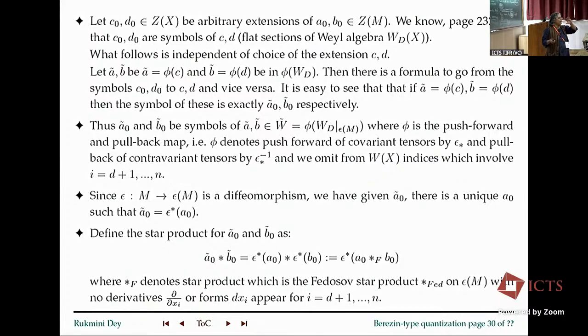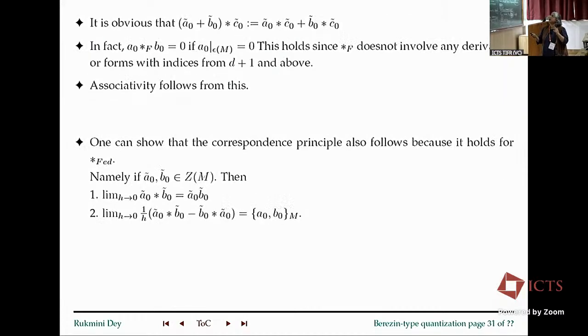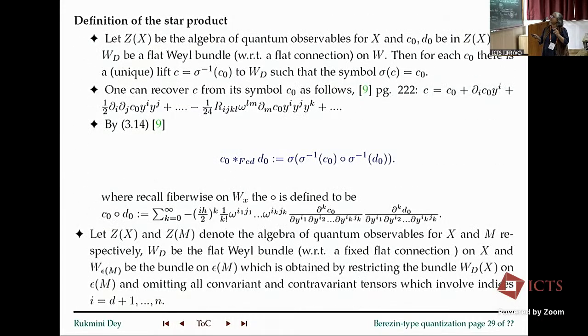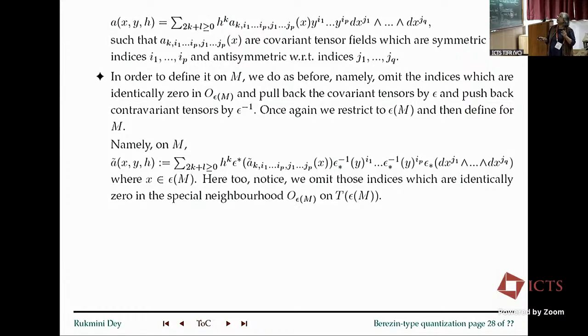What I'm doing is, first I'm restricting everything to epsilon m, and then this kind of operation, the sections of the tangent space I'm doing with pulling back by epsilon star inverse, I mean pushing back actually to m, and all the functions I do epsilon star, and the forms also epsilon star, and then I also remove all the derivatives and these things which do not come on M itself.